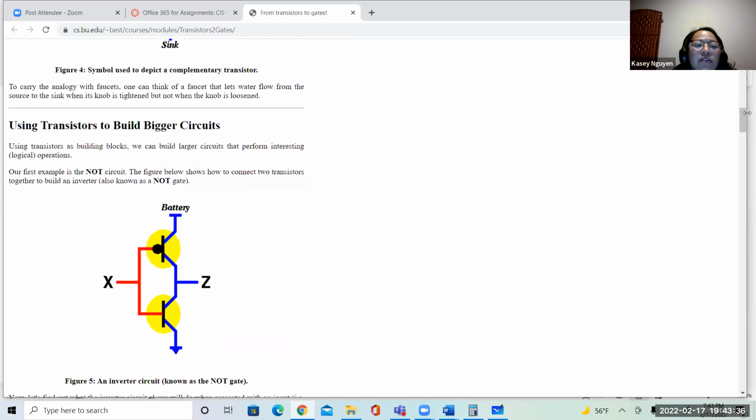So to build the bigger circuits, and I hinted at this earlier, for example, when we're looking at a NOT AND, or applying a NOT with other operators, the bigger circuits, or even the multiplexer. You can think of it like building a house with bricks. The transistor is one brick.